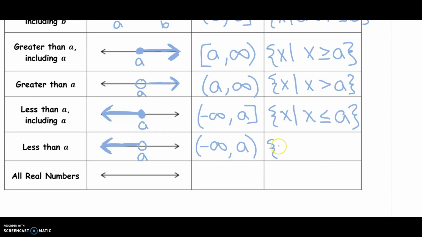For set notation, the set of values such that x is less than A, and again, not including A.